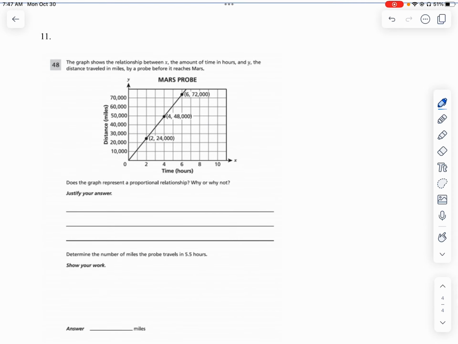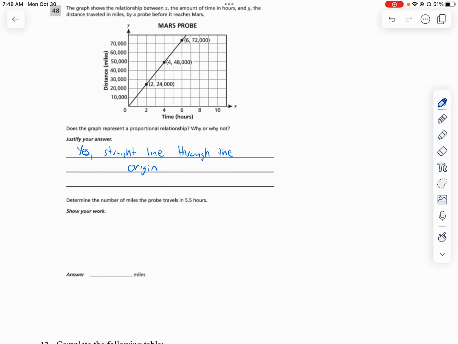The graph shows the relationship between the amount of time in hours and the distance traveled by a probe before it reaches Mars. Does the graph represent a proportional relationship? Yes, because it is a straight line through the origin. Determine the number of miles the probe travels in 5.5 hours.